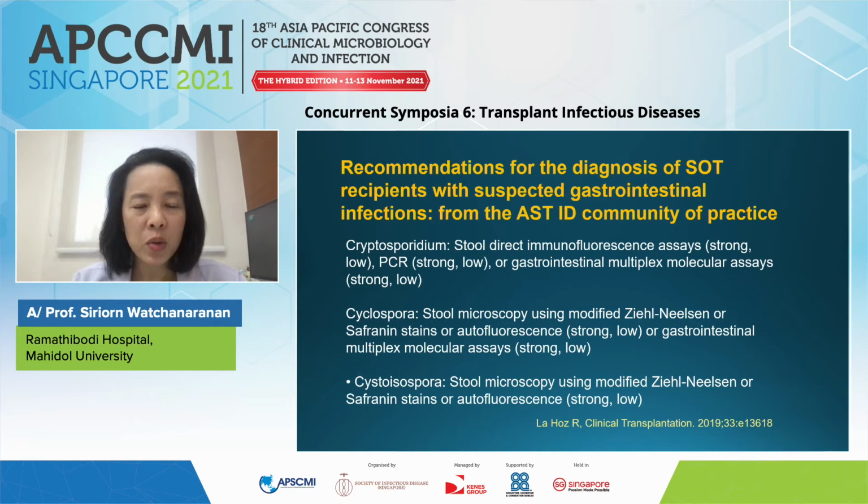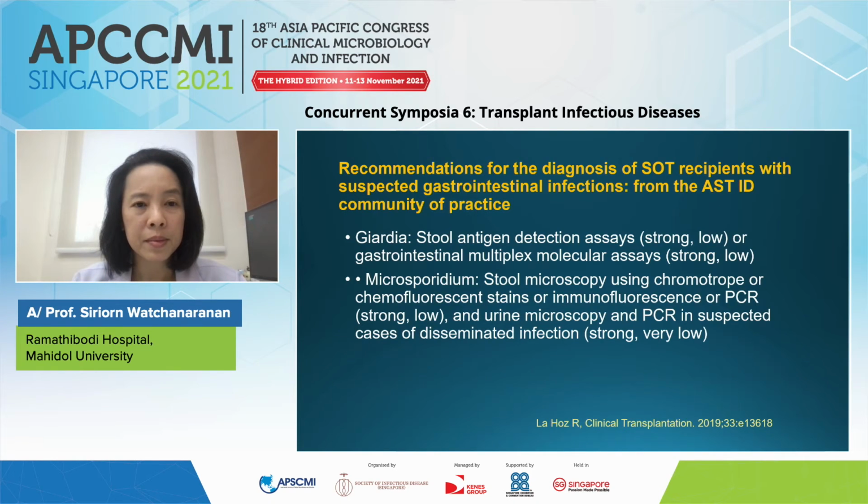It's quite useful, and it goes along with what I just mentioned from the CDC reference that I showed you in the previous slides. This recommendation can be found in Clinical Transplantation 2019, regarding the diagnosis and stool testing. Next slide. Again, for Giardia and Microsporidium as well. Next slide.